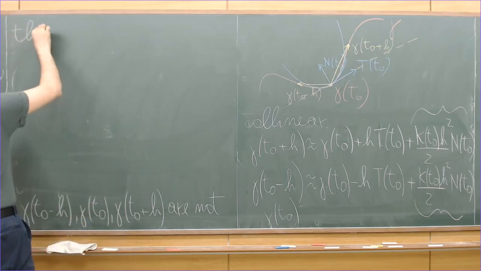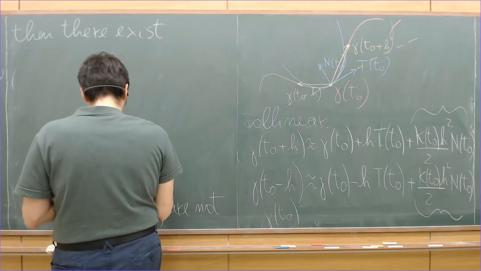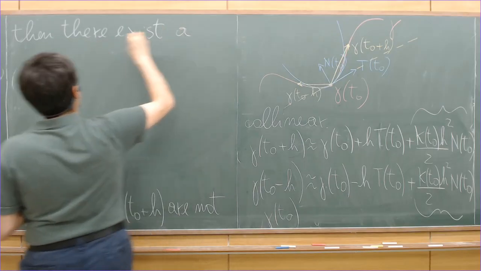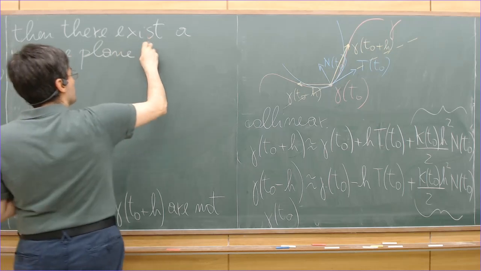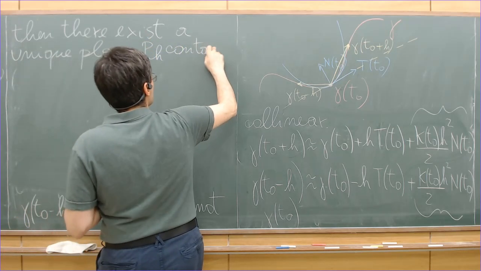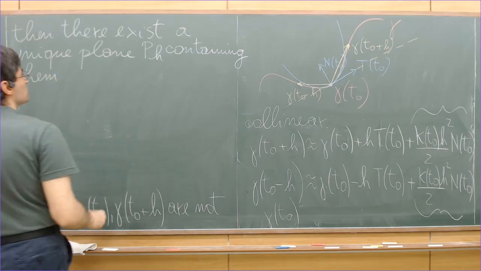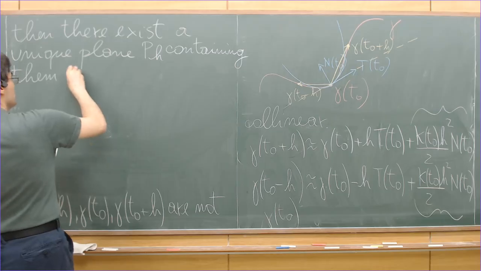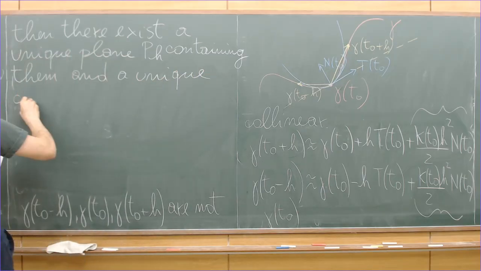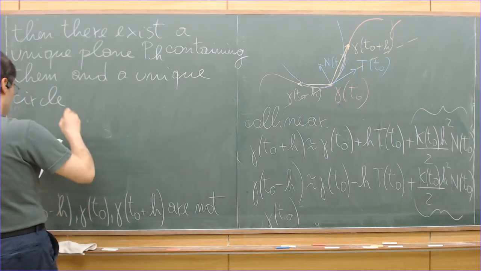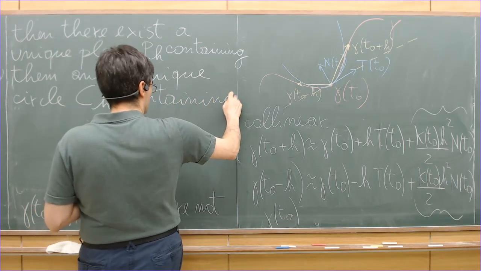If these 3 points are not collinear, then there exists a unique plane p h containing them, and it is also true that there exists a unique cycle denoted by C h containing them.